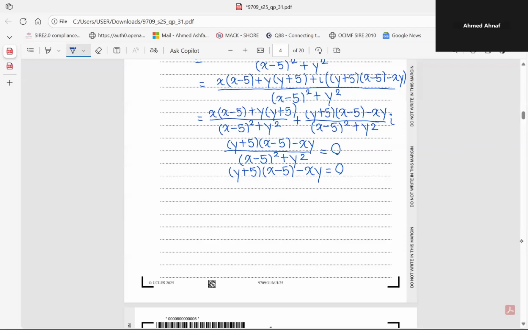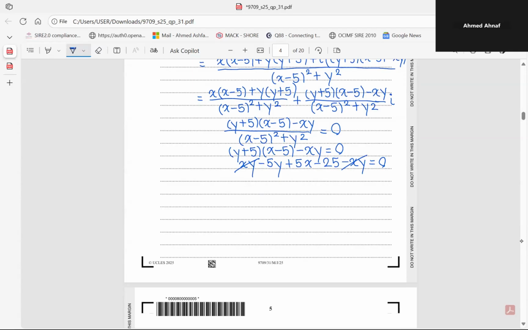Okay, and now we're going to expand this out. So y times x minus 5, that is xy minus 5y, and 5 times x minus 5, that is plus 5x minus 25, and then minus xy, that equals 0. As you can see, we have xy and minus xy, so we can cancel that out.